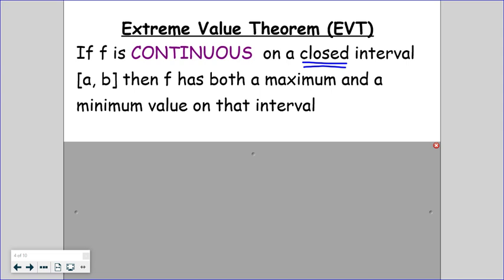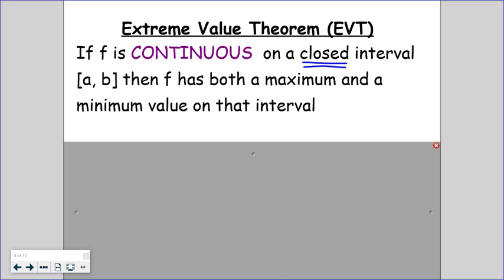But if one of those fails, it's not a continuous function, or it is not on a closed interval, then everything is fair game. It doesn't mean that we won't have extrema. All it means is that we are not guaranteed extrema. And all that does is help you know whether or not you've found everything as we move forward into finding maxes and mins.